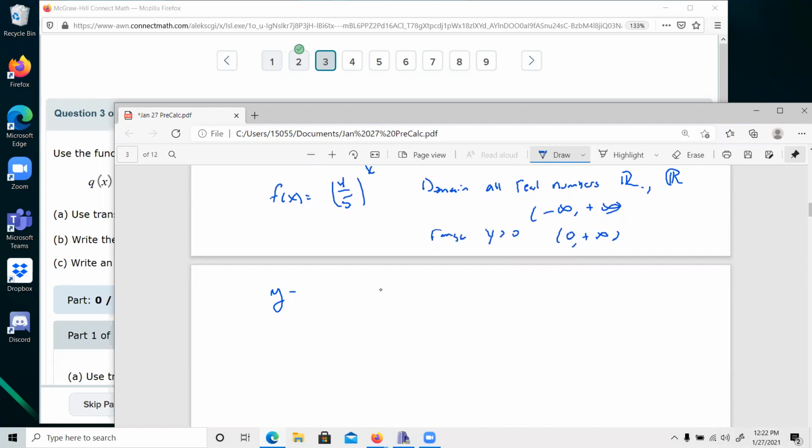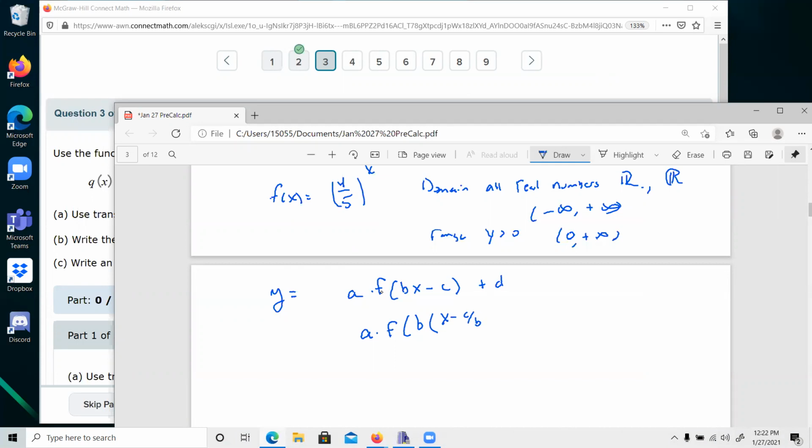We can have y is equal to. I'm just going to write them out. Okay, we have a f of bx minus c, okay, plus d. Let me rewrite this a little bit. So we have a f of b times x minus c over b, right?